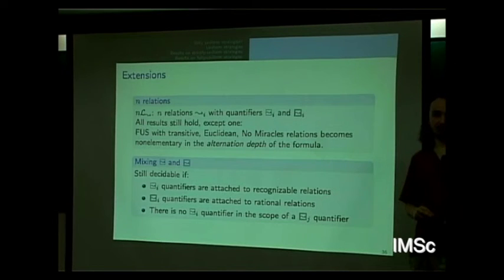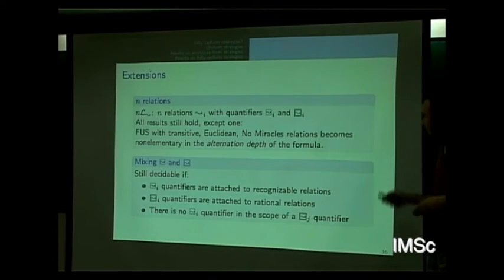With rational relations, the complexity is still the same, k-EXPTIME-complete. Only in the last case, with transitive, Euclidean and no-miracles relations, it is no longer 2EXPTIME-complete but becomes non-elementary, though not in the total nesting depth, only in the alternation depth between different relations.